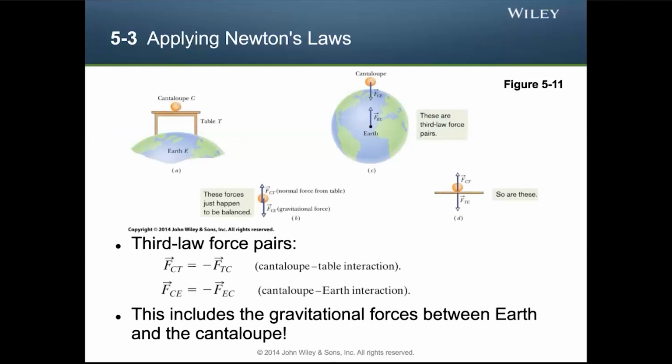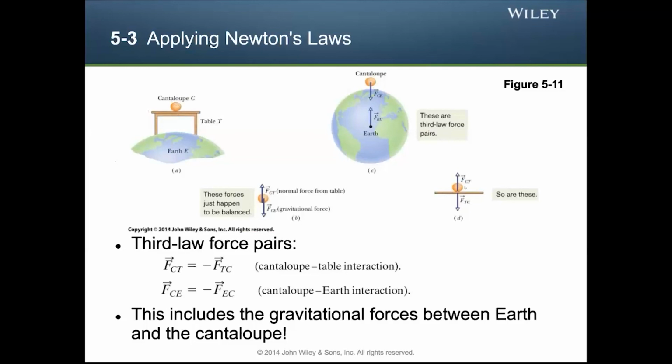So the vector of the cantaloupe, which is labeled by C, so you have the points C and E, stands for cantaloupe and earth. So when we draw the vector from one to the other, you have CE, meaning it starts at cantaloupe and goes to earth, and EC, meaning it starts at earth and goes to cantaloupe. So these forces must be equal to each other because this is not accelerating in any direction, right?